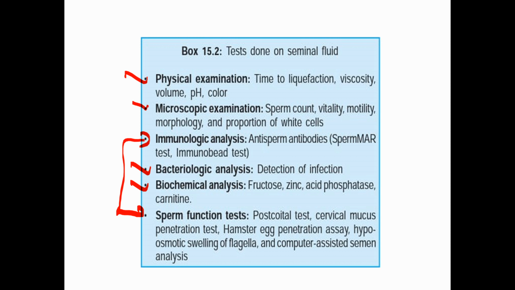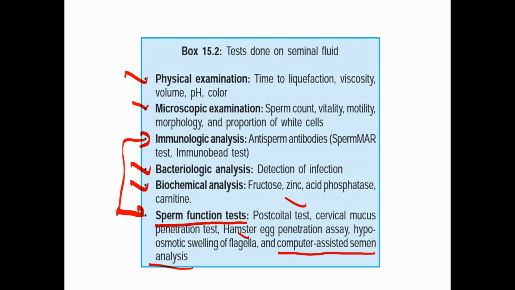So these are the immunological tests: the MAR test and the immunobead test. And there are very specific tests which are not frequently performed in a general lab, like the sperm function test, postcoital test, and hamster egg penetration test. Then the most advanced is the computer-assisted semen analysis.